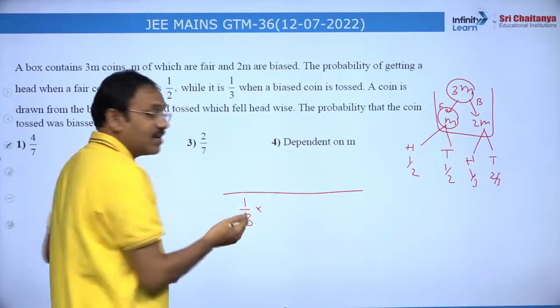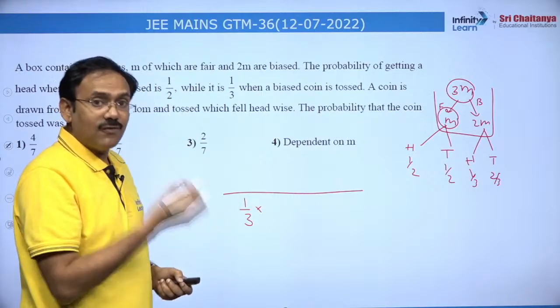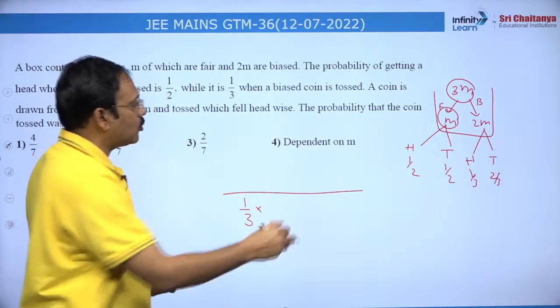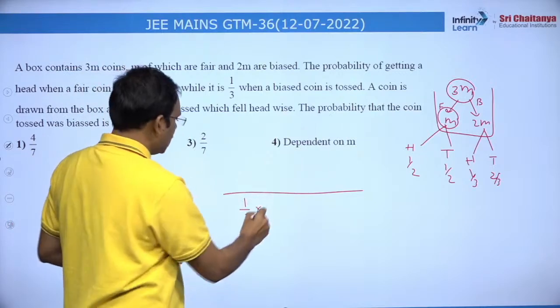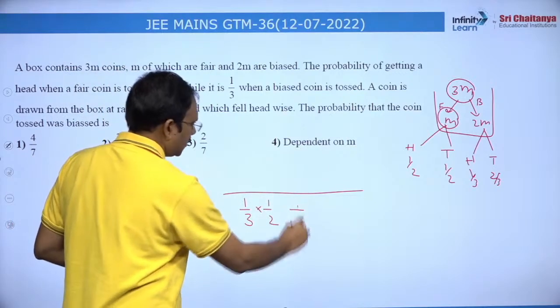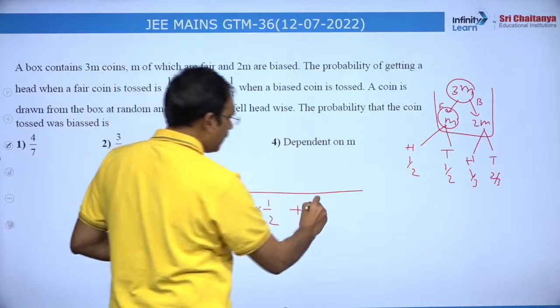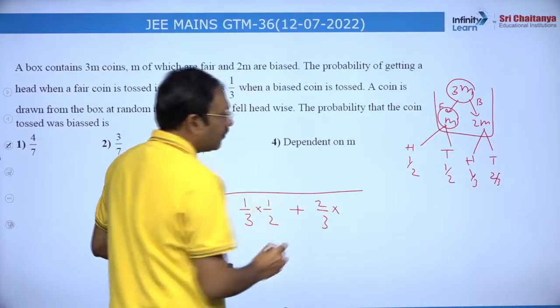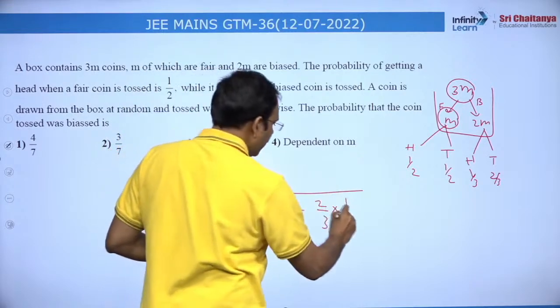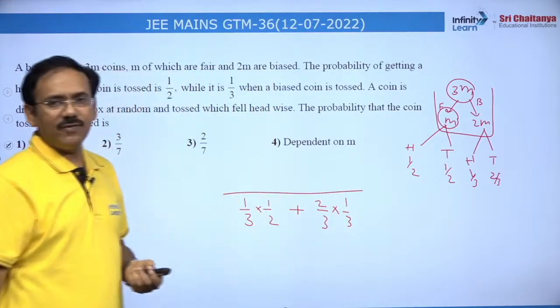After getting a fair coin, I have to get head, so it is 1 by 2 is the chance. Or to get a coin from the biased ones, probability is 2 by 3, from this to get head is 1 by 3. This is the total probability of getting a head.